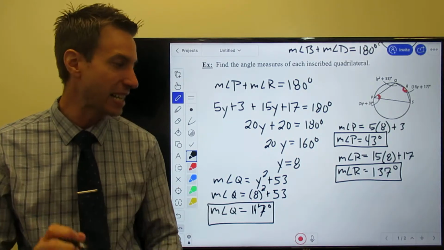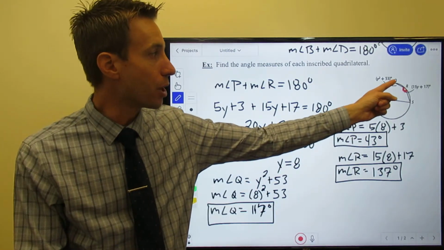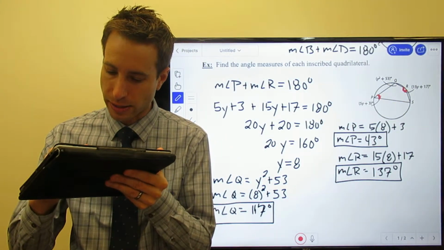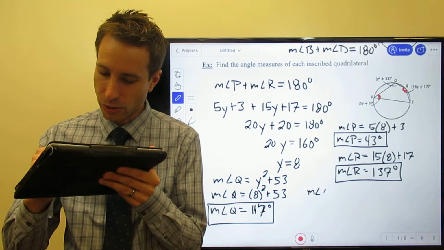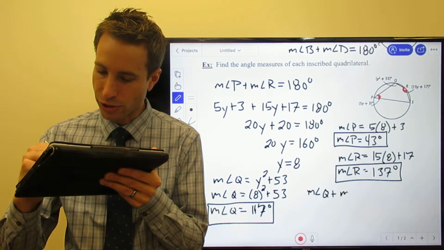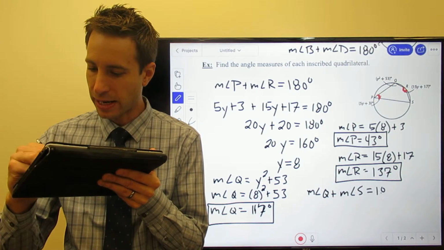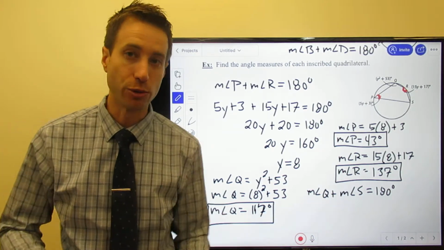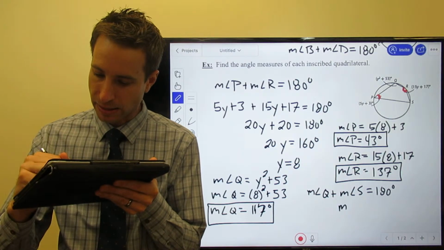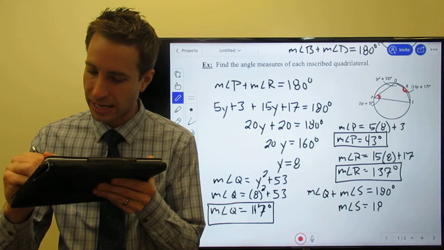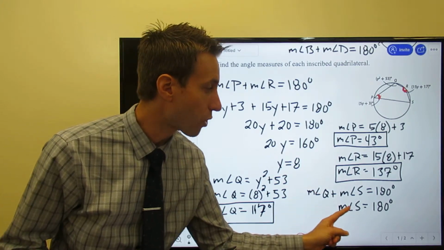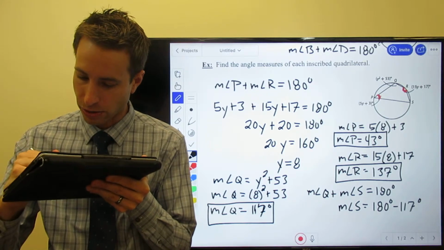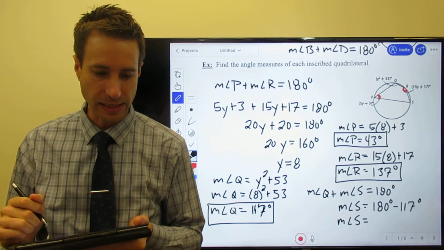Maybe, I don't think so. It's not that tricky. Here's what you know. You know angle Q and angle S must sum to 180 degrees. The measure of angle Q plus the measure of angle S is 180 degrees. But you already know the measure of angle Q, so plug it in. You solve for the measure of angle S. That means the measure of angle S has to be equal to 180 minus 117 degrees, and the measure of angle S is 63 degrees.